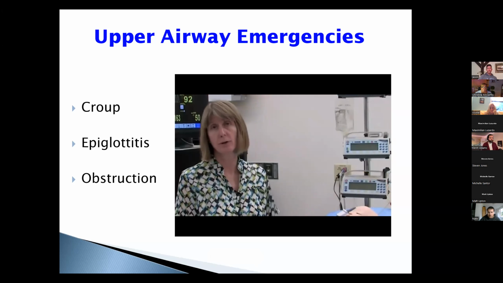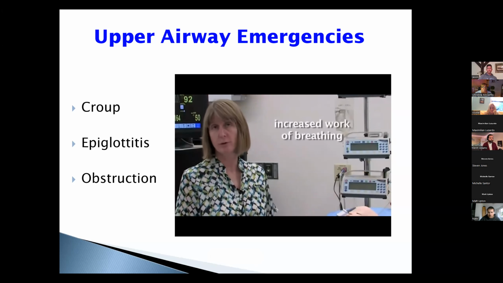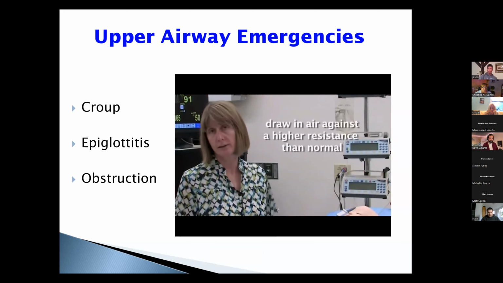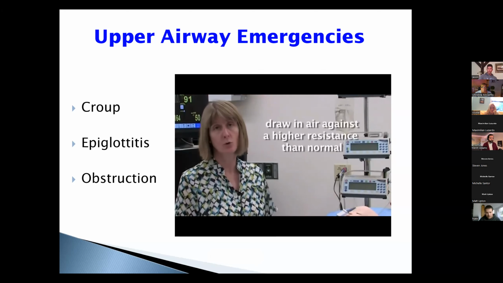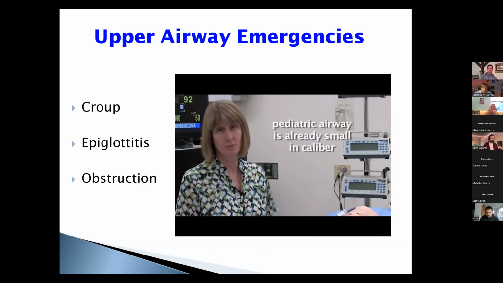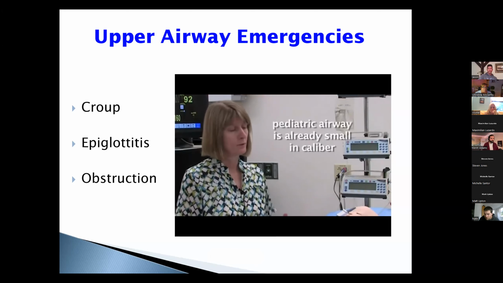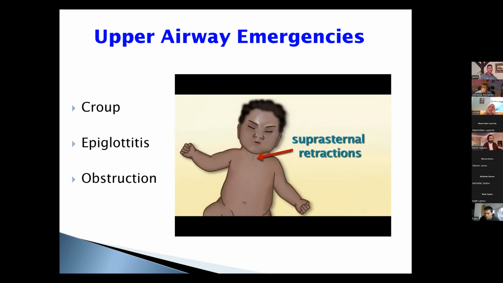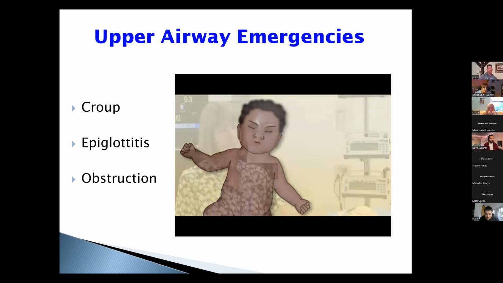When you have obstruction in the upper airway, you'll demonstrate increased work of breathing because you're trying to use your muscles to draw in air against a higher resistance than normal, remembering that the pediatric airway is already fairly small in caliber. With upper airway obstruction, you'll typically see suprasternal retractions or potentially sternal retractions as well in a young infant with a compliant sternum.